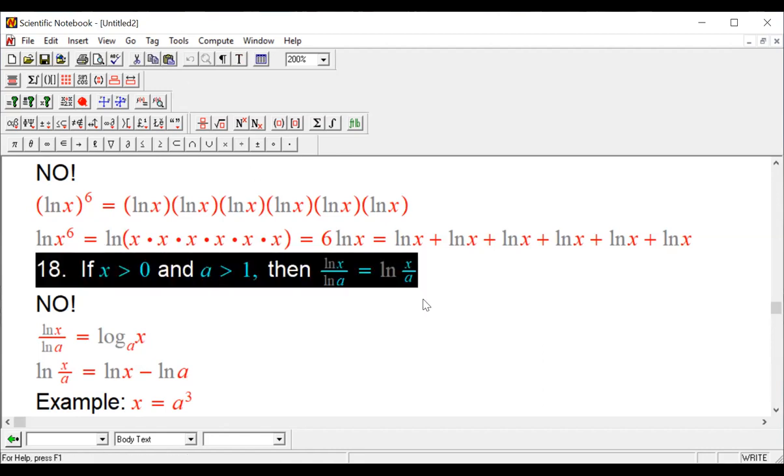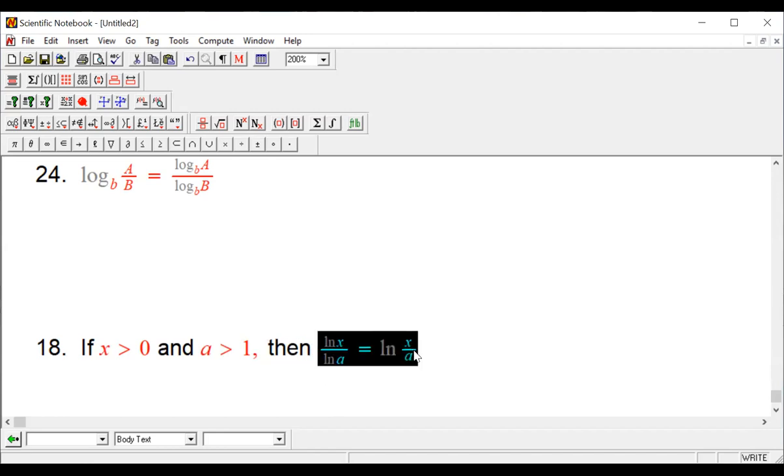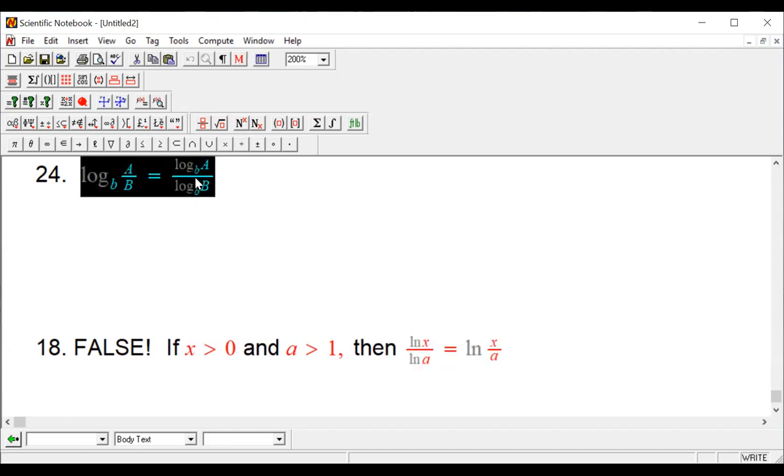These two are comparable. The only difference is that these are natural log. So we know that this is false. We know this is false. And that makes an example for this false. So what happened here is that the former is a quotient.